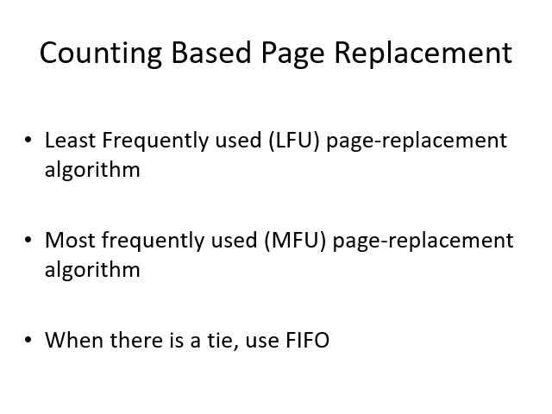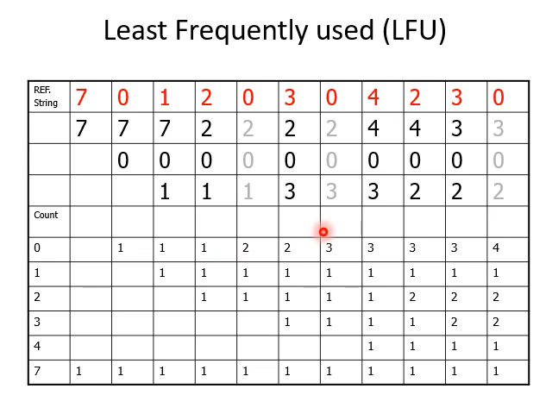Whenever a particular page is referenced, its count is increased by 1. And whenever we need to replace a page, in case of LFU, we replace the page which has the least usage count. That is least frequently used. This is an example of that.